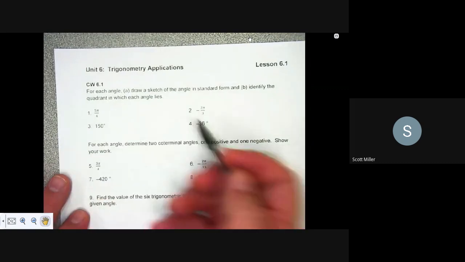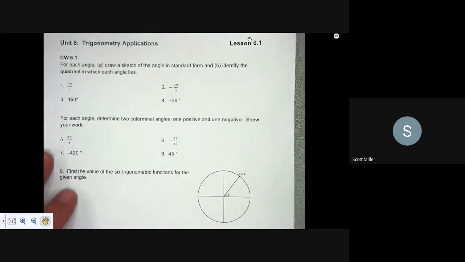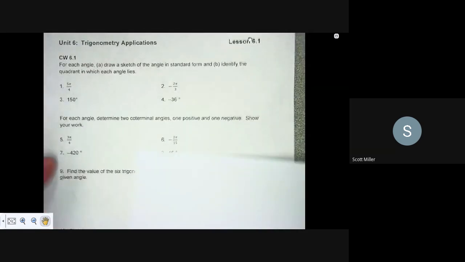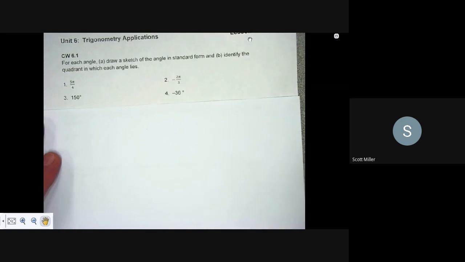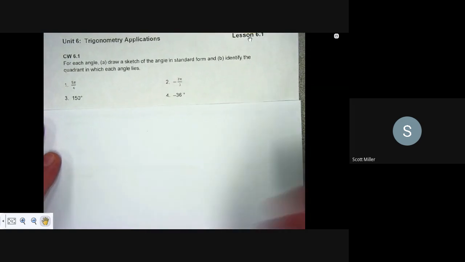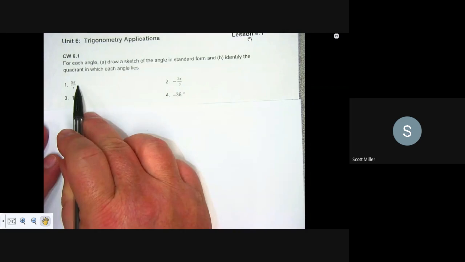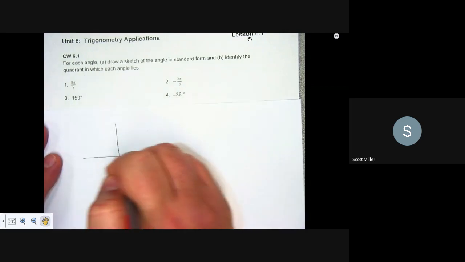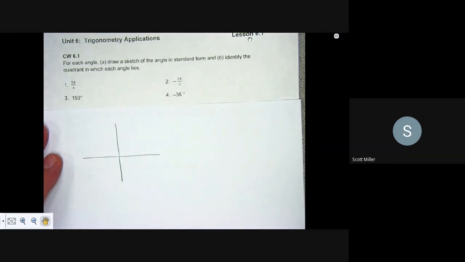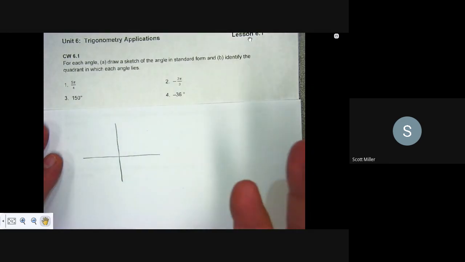And so let's draw a couple of these things out. I'll do a positive one and a negative one. This is where the unit circle stuff comes in for you. You want to make sure you memorize the unit circle. So let's start with number 1. Where is 5 pi over 4 in our normal coordinate system? You can memorize this a couple of different ways.